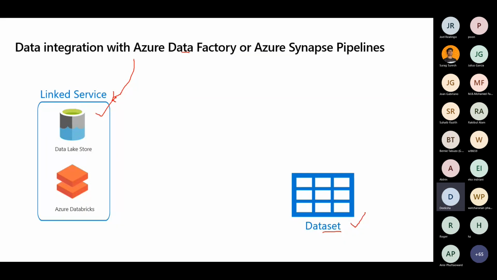So the dataset is where you point to the specific location where your data is available. Within storage you could have multiple folders and multiple files, so how will data factory understand exactly which file to pick up? For that we specify in the dataset: go to that specific location, pick up that file, and this is the file format. That data property you define in the dataset, and your service property you define in the linked service.